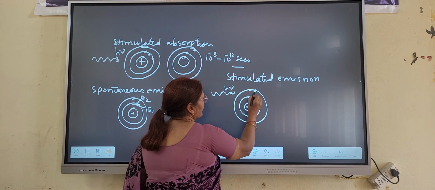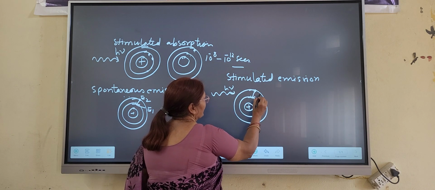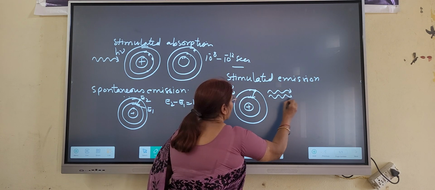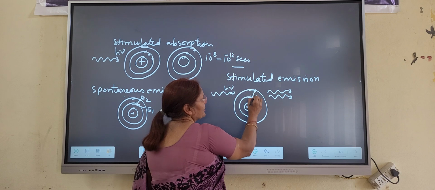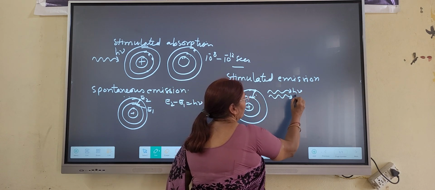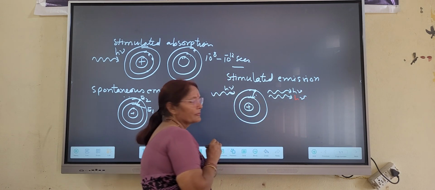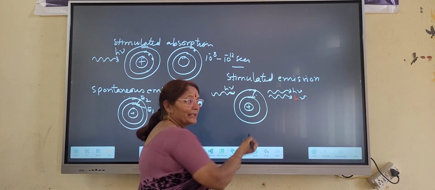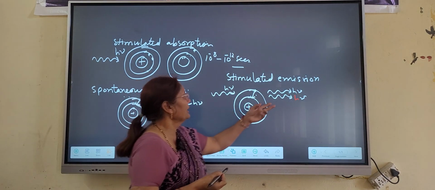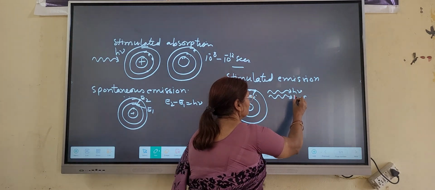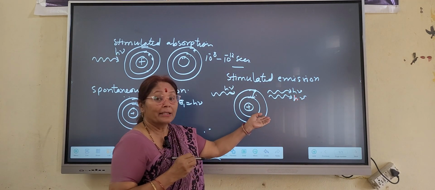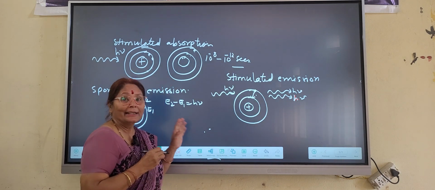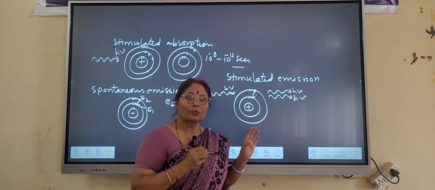When it hits this, the atom comes to the ground state, and instead we get two photons. One is this photon and the other is the difference of energy given out. So we are getting two photons. Instead of a single photon, I am getting two photons here. So the light has been amplified. This is the meaning of light amplification by stimulated emission of radiation.